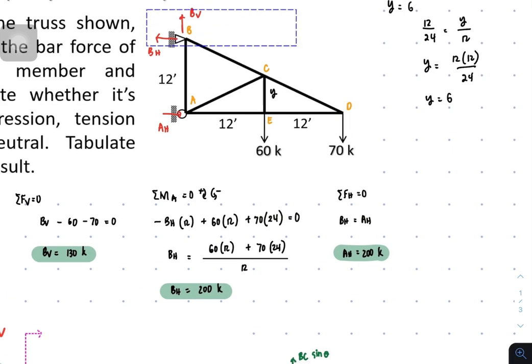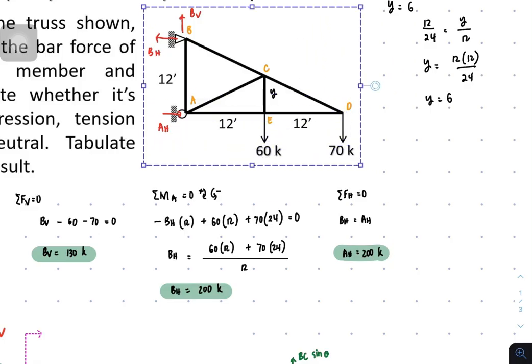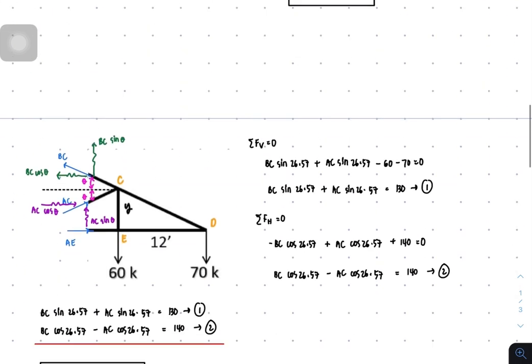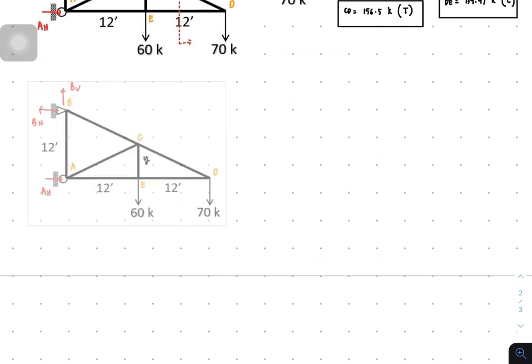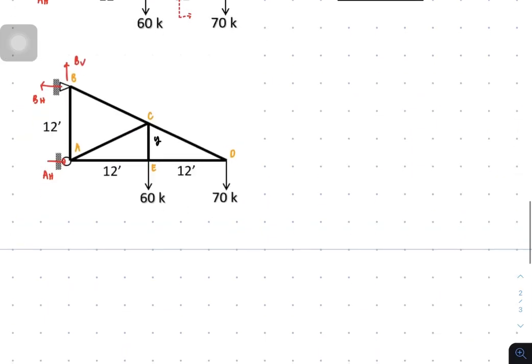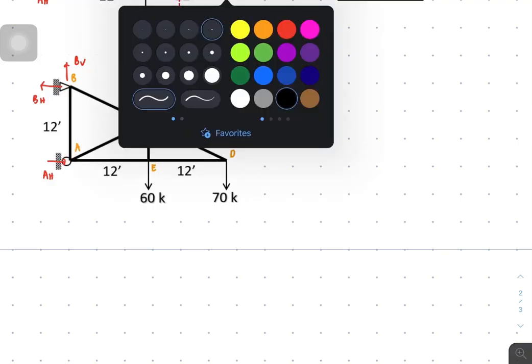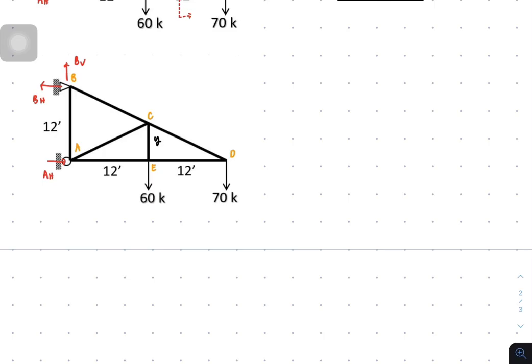I'll copy this one, and here, paste the image. Okay, so since our objective is to solve for that, I will now be having a different section. So the section would pass through here, so this one.